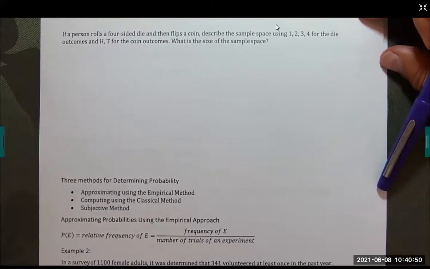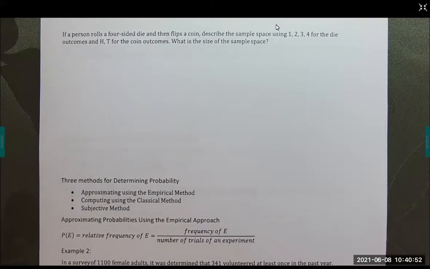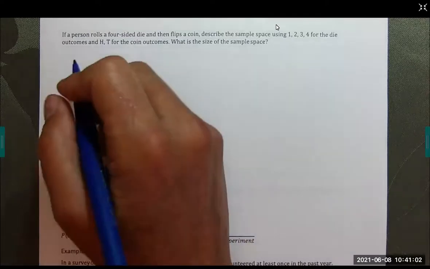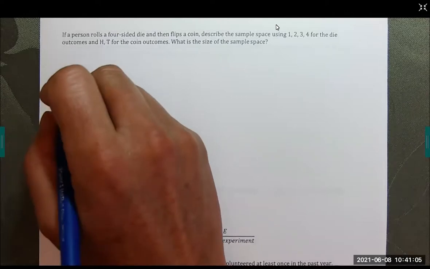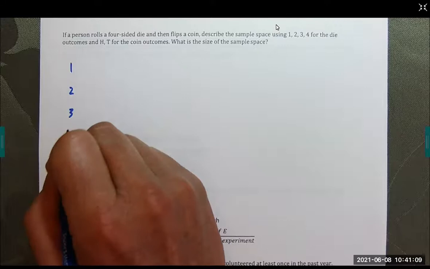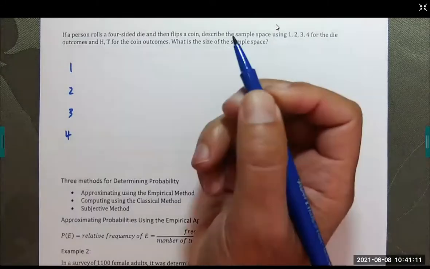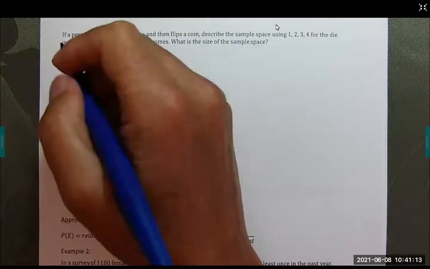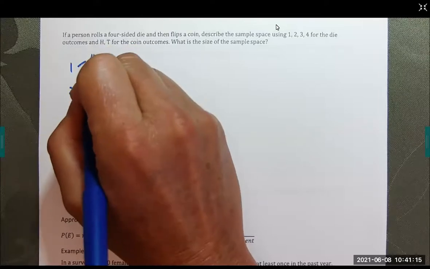If a person rolls a 4-sided die and then flips a coin, describe the sample space using 1, 2, 3 for the die and H and T for the coin. So our first roll of the 4-sided die, we're going to get a 1, a 2, a 3, or a 4. And then when we flip the coin, we're going to get a heads or a tails.